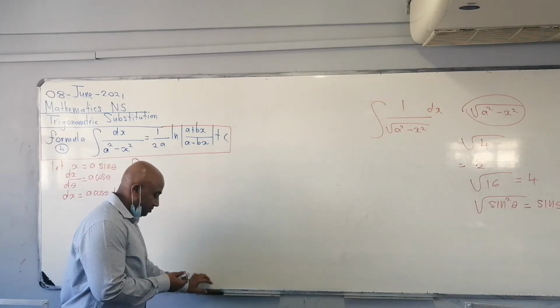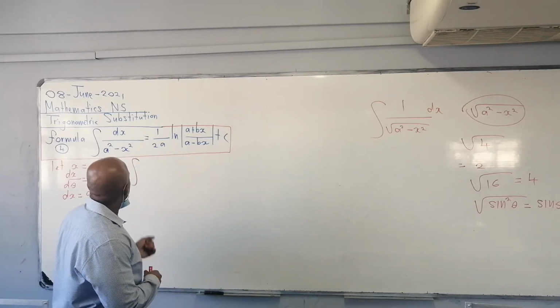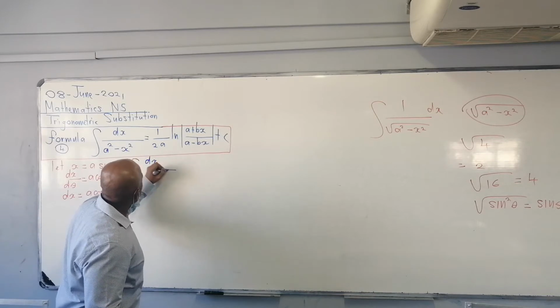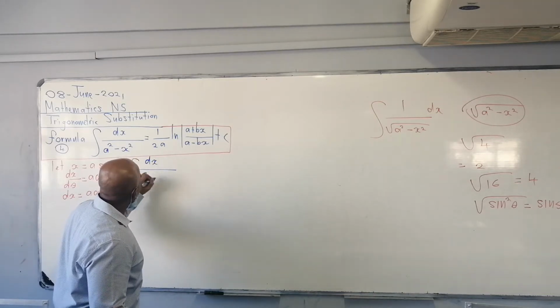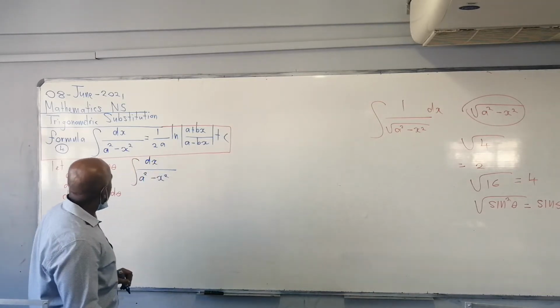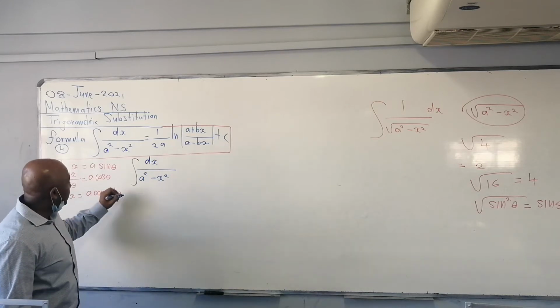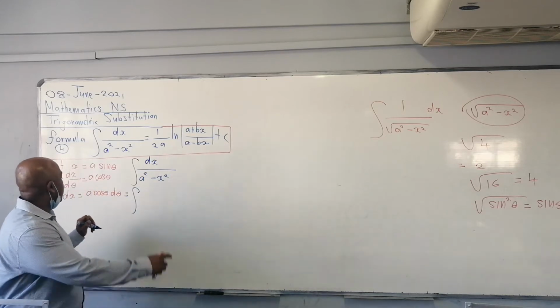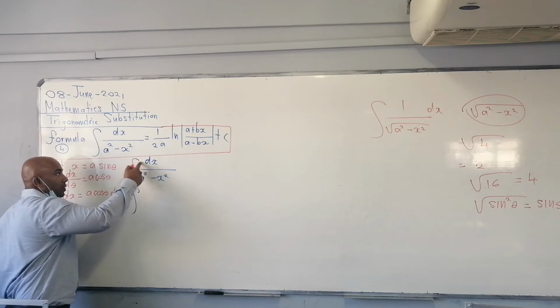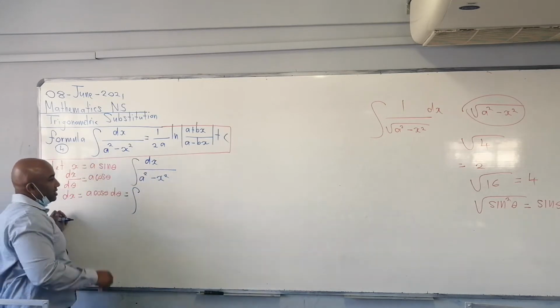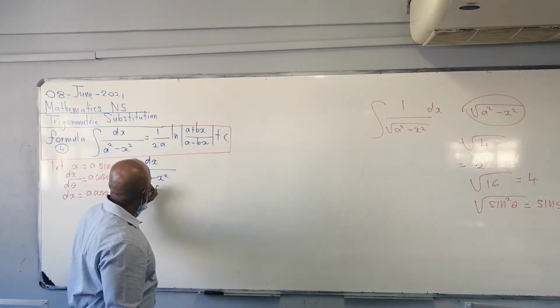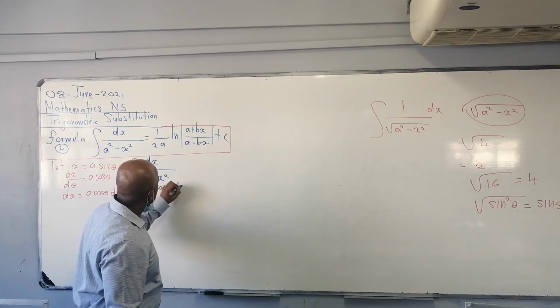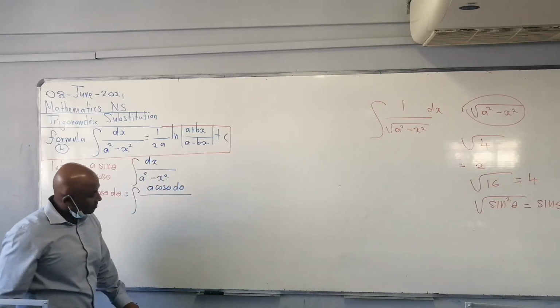We have dx all divided by a squared minus x squared. I'm going to replace dx, there's a 1 here, so the dx is a cos theta d theta.